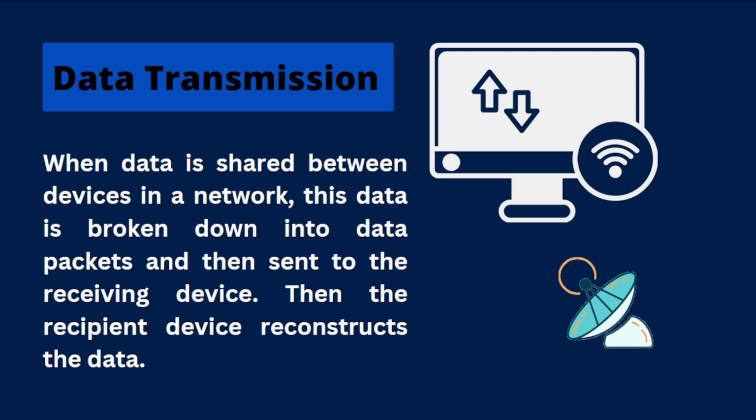Now that we have a clear idea about those two, let's learn how data is transmitted in a network. When data is sent and received between devices, this data is first broken down into data packets. Then these data packets are sent to the recipient device. The recipient device collects these packets, checks if all data packets have been received, and then reconstructs the original data or the original message.